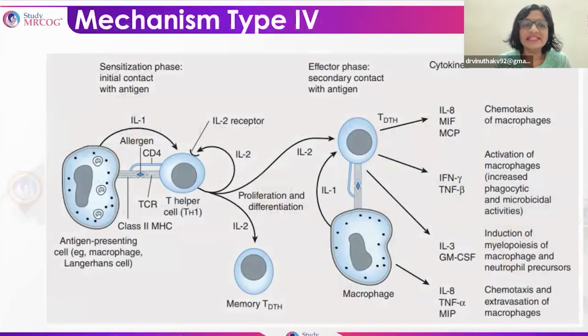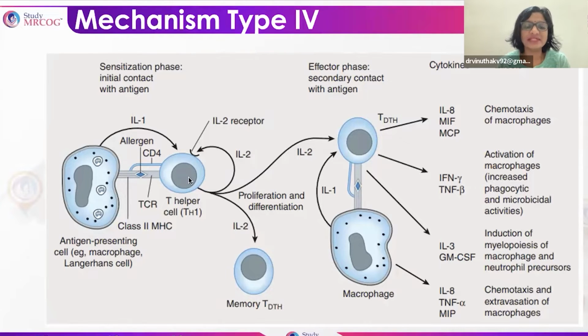So what happens in this mechanism is, as you see, there is a sensitization phase here, and the effector phase here. In the initial contact with antigen, this is our APC, that is antigen presenting cell. This cell will engulf all the antigens and presents them to the helper T cells.